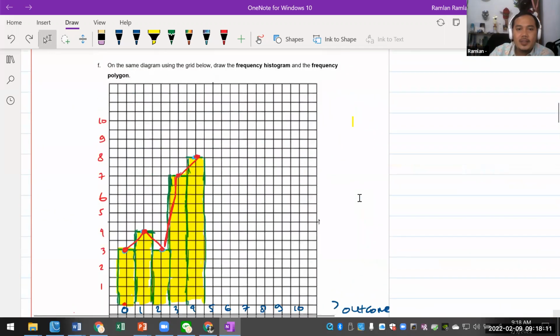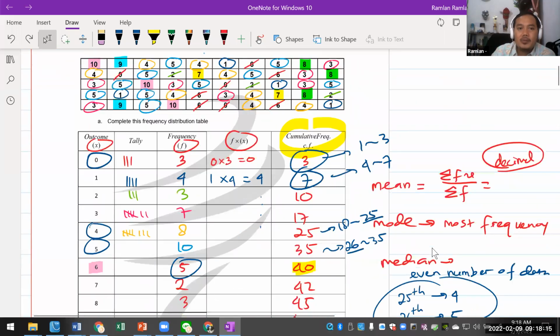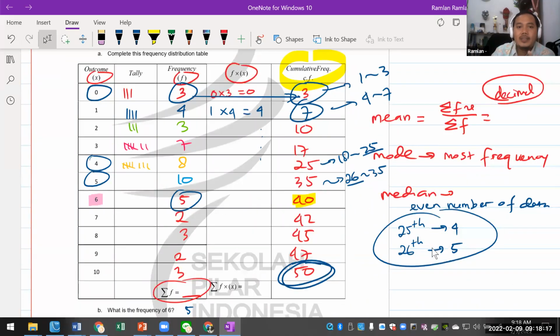If you want to fill the cumulative frequency, right? We fill this first, and then we go here. That's the first one. The next one is just add it with this guy, and then you get this guy. Add it with this guy, you get this guy, right? So this time we do the opposite operation, right?